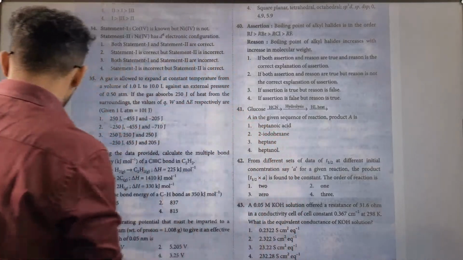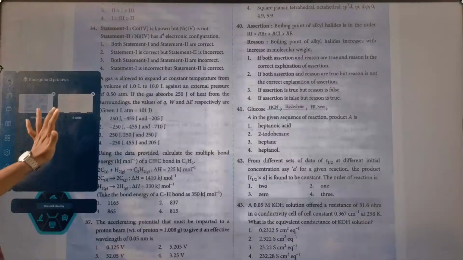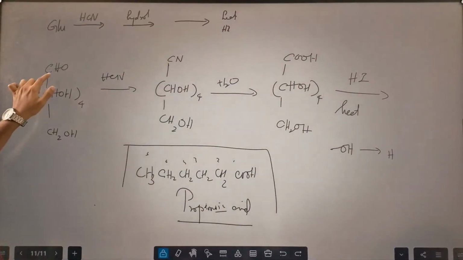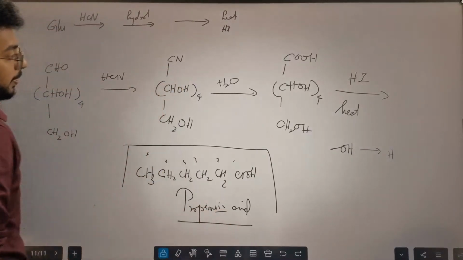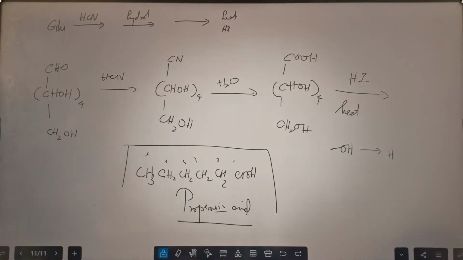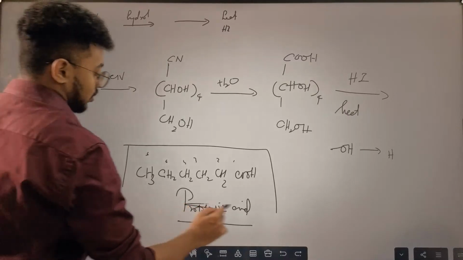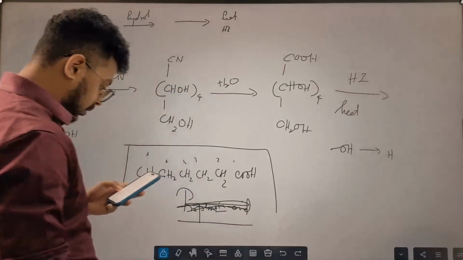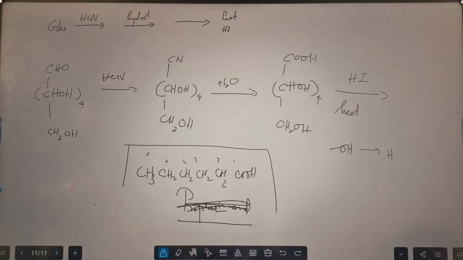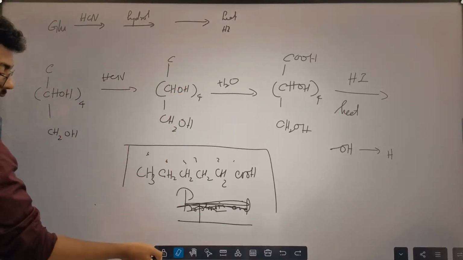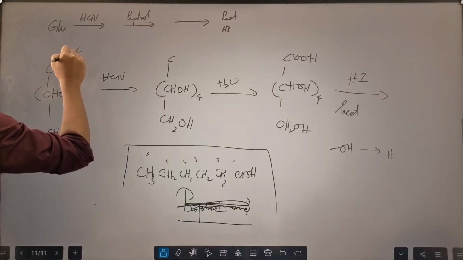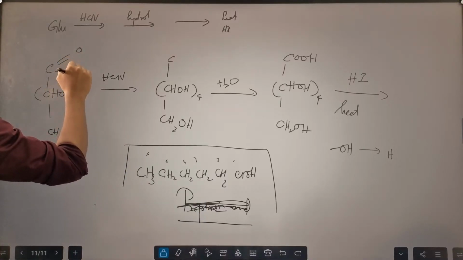Okay, we missed one carbon actually. Meth, eth, prop, but, pent, hex, hept. This is not propanoic acid. Sorry. Actually, what happens here is, here we got C double bond O and hydrogen, right?